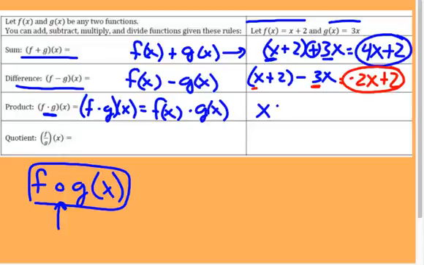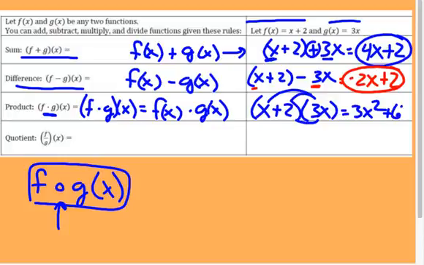So I'm going to take x plus 2, and I'm basically going to multiply it by 3x. We're just using the distributive property here, so x times 3x is 3x squared, and 3x times 2 is plus 6x.